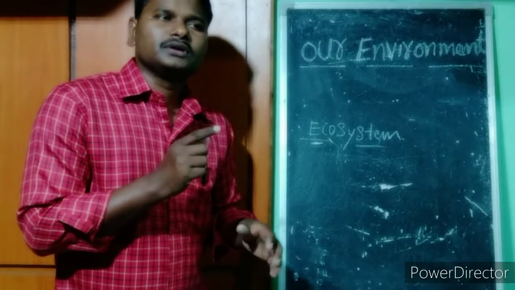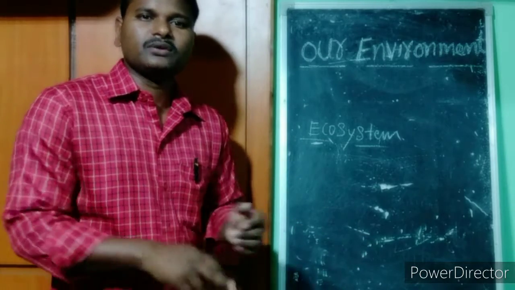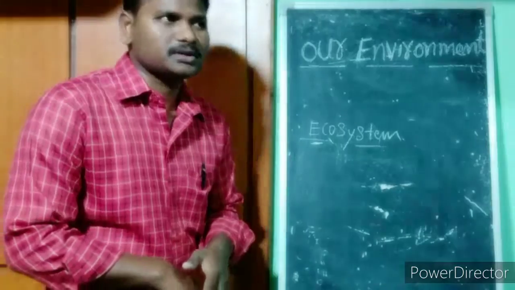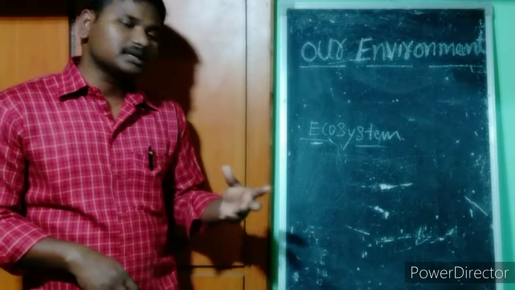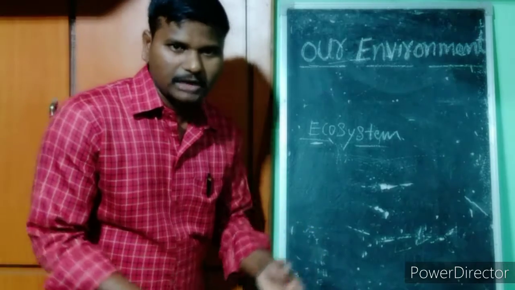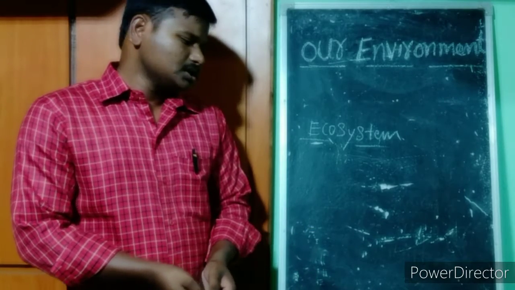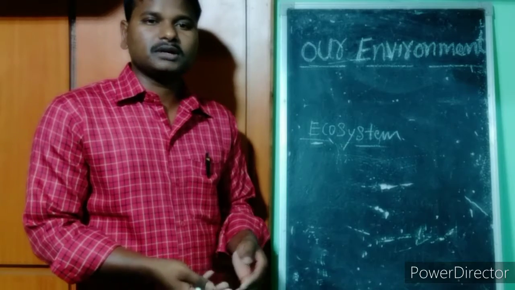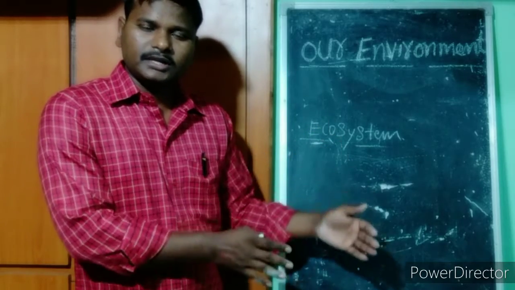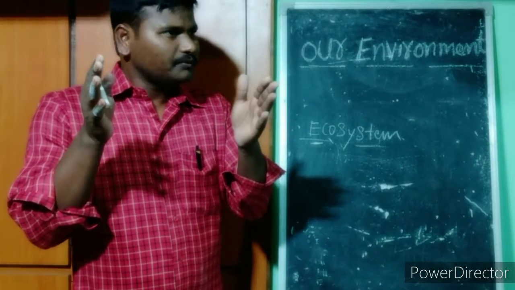And all other things require what? Sunlight also. Water they want, sunlight they want. So whatever the sunlight and water, we can call it the physical environment. So this ecosystem is nothing but the plant kingdom, animal kingdom, and also the physical environment.